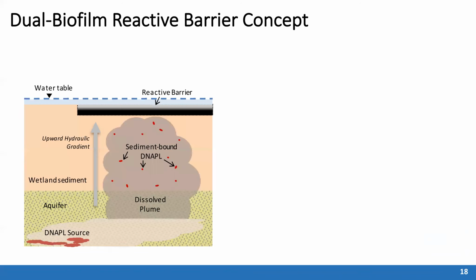And so our concept in the field is to create a reactive barrier. Here now we're showing that same location. We have surface water above the land surface. We have groundwater that is upwelling and entering that surface water, because of these DNAPLs that are sediment bound. Rather than try to clean up the whole region, which is going to be very challenging, the idea is to create a reactive barrier that has these anaerobic and aerobic zones in it.